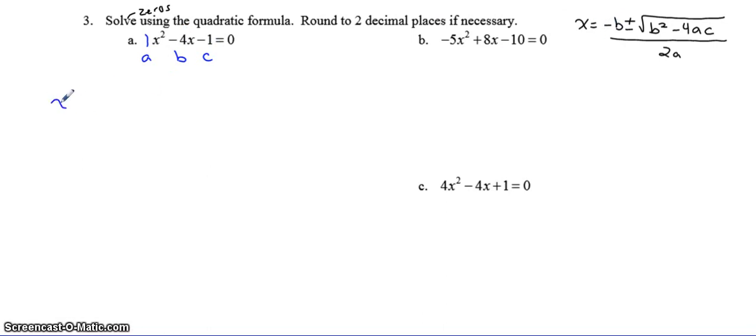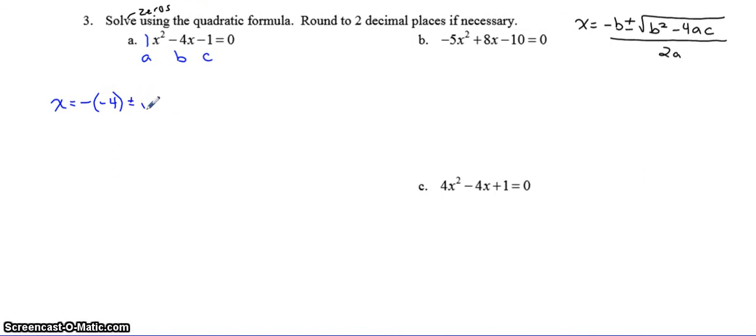So when you go to solve this, negative b will end up being positive, and then your b is negative 4, because there is your negative b.